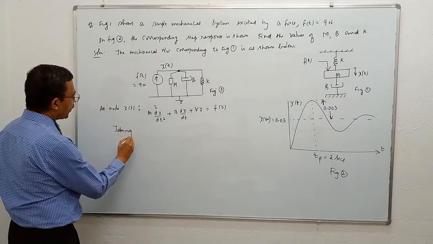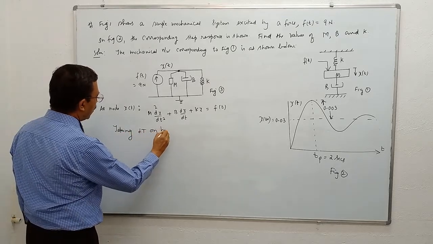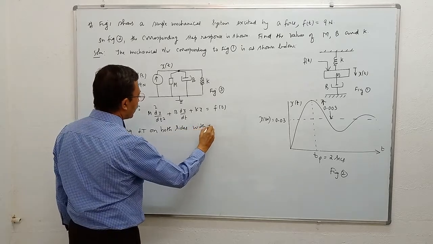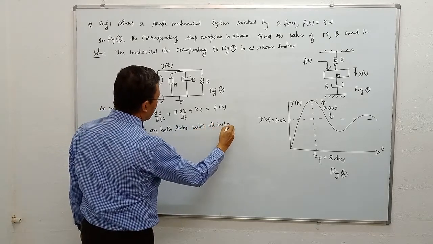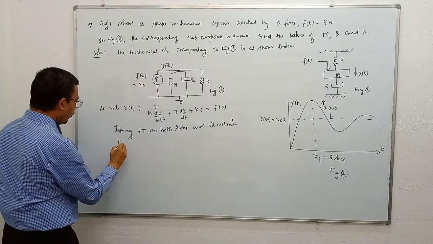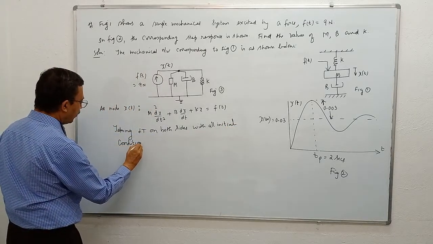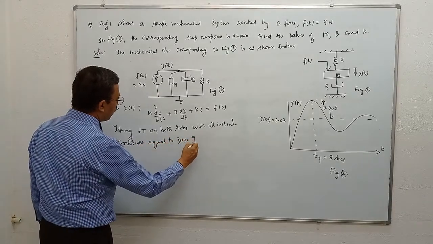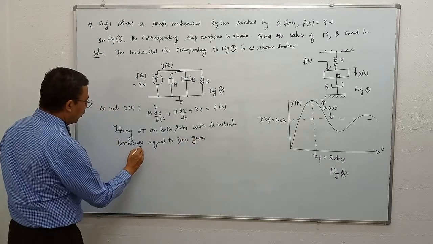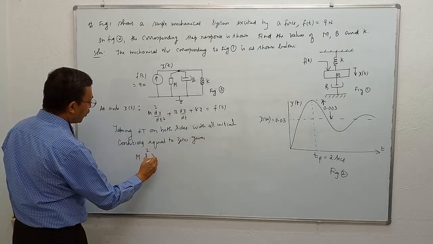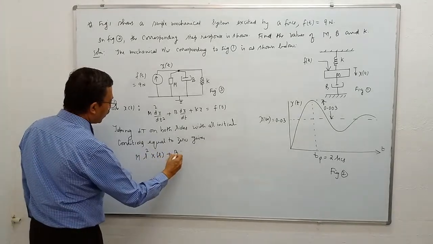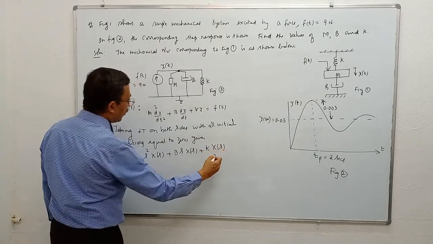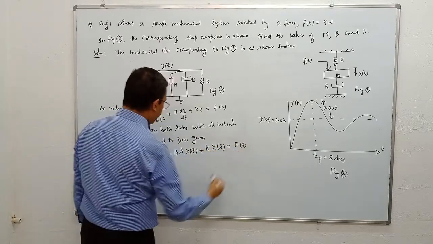Taking Laplace transform on both sides with all initial conditions equal to 0 gives M into s square into x of s plus b into s into x of s plus k into x of s is equal to f of s.